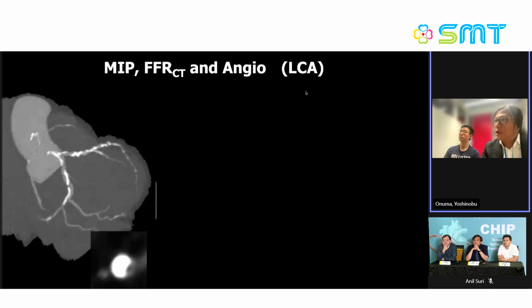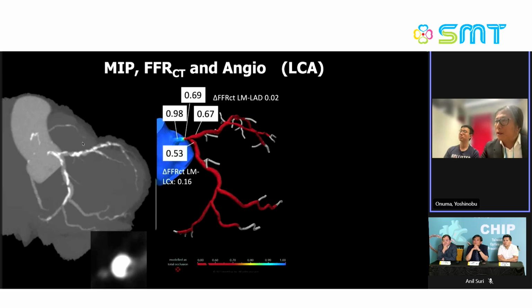Yeah, so this is an example of the CT with calcification. You see this left main disease. If you look at the cross section, a majority of the lumen was occupied by the calcification.